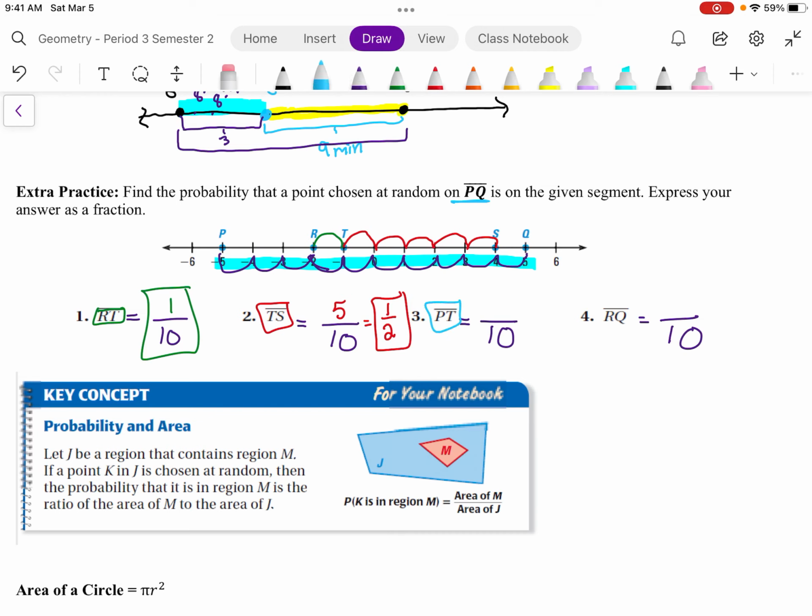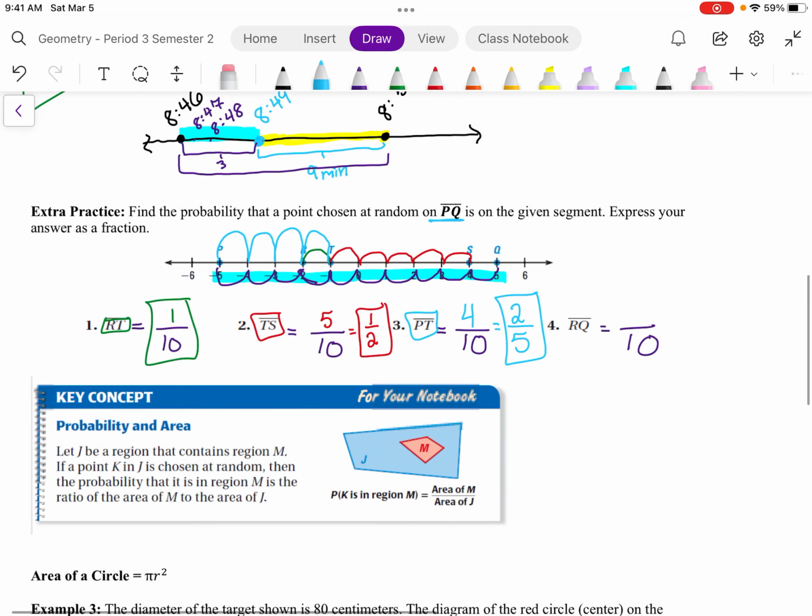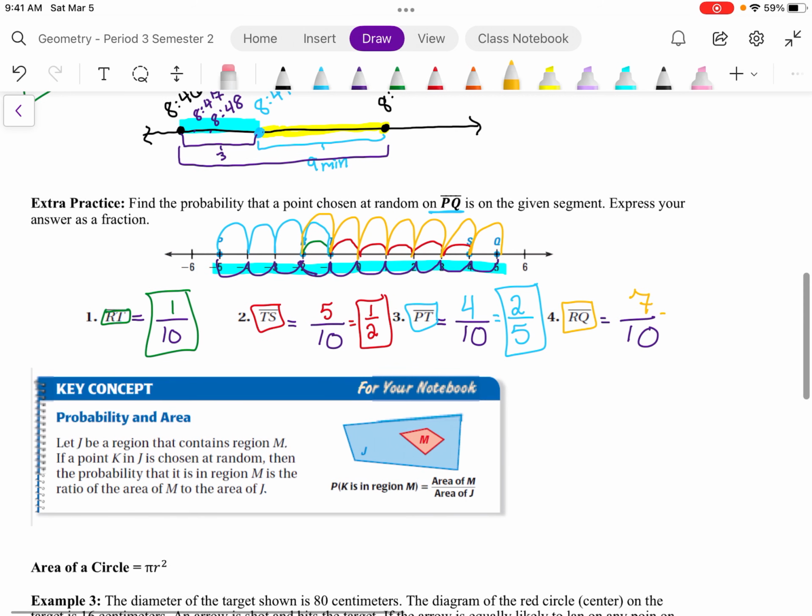So from P to T, we would have 1, 2, 3, 4. So the probability that we land on that would be 2/5. And our last one, we have RQ. So we go all the way from R, 1, 2, 3, 4, 5, 6, 7. And so 7/10 would be our answer for that one.